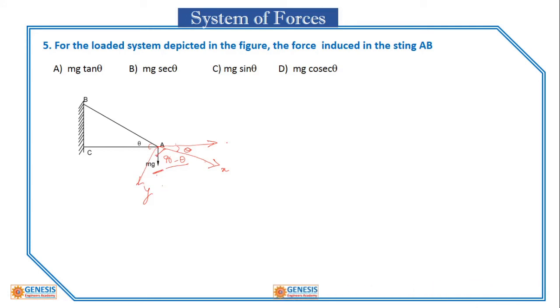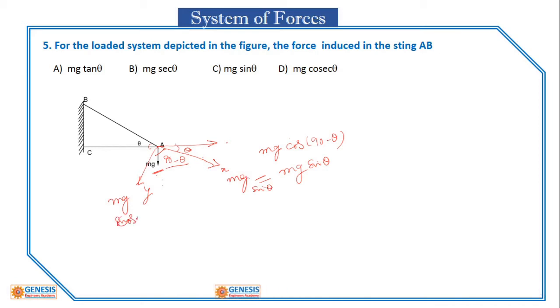Then if I resolve this mg into this axis, it becomes mg cos 90 minus theta, that becomes sin theta. So the force acting in this direction is mg sin theta, and in this direction it is mg cos theta.